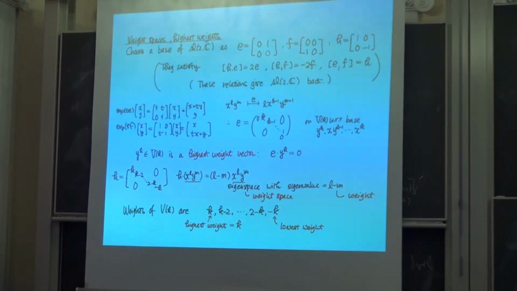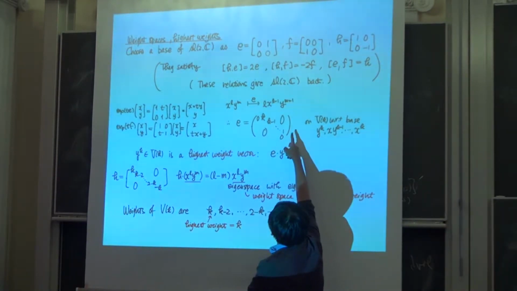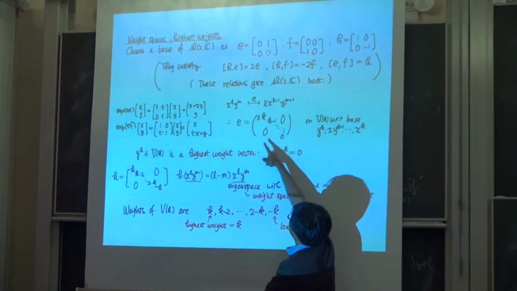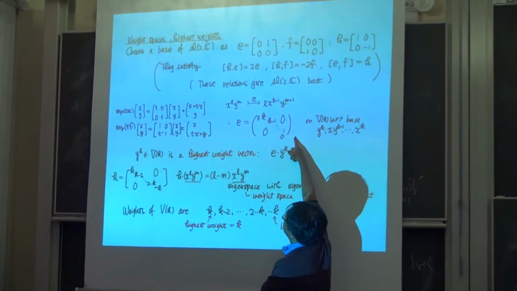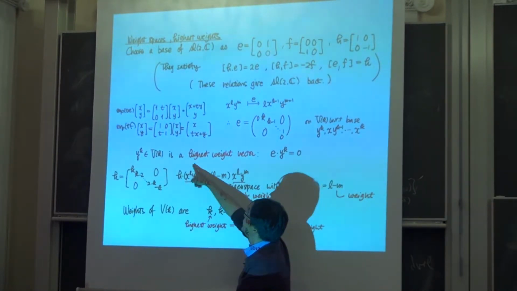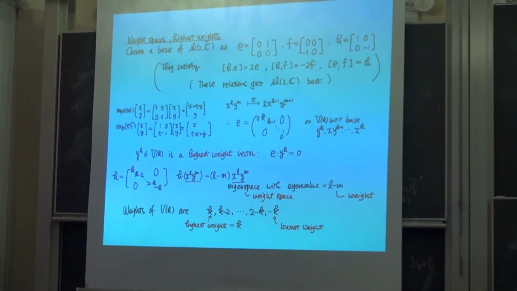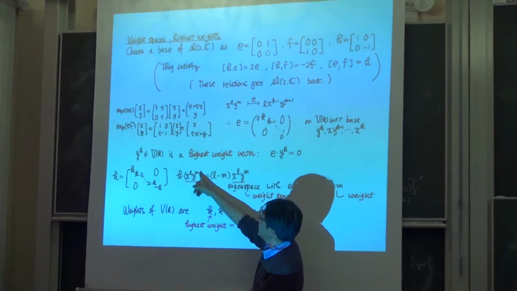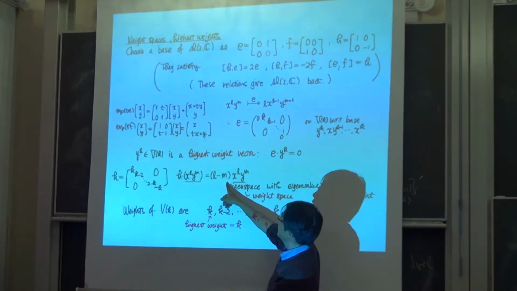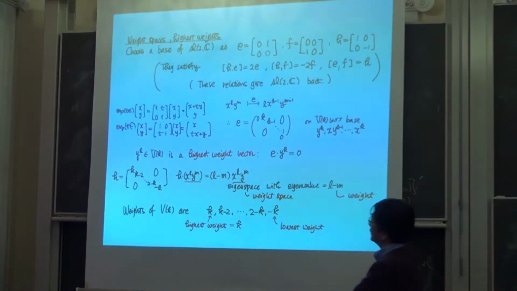Then the element x to the power k, or in this matrix, the vector 1, 0, 0, 0: E multiplied by 1, 0, 0, 0 is 0. So this is a distinguished vector, usually called the highest weight vector, and the meaning of weight will be clear. If you multiply H to x to the l times y to the m, you just get l minus m, which is one of these entries.